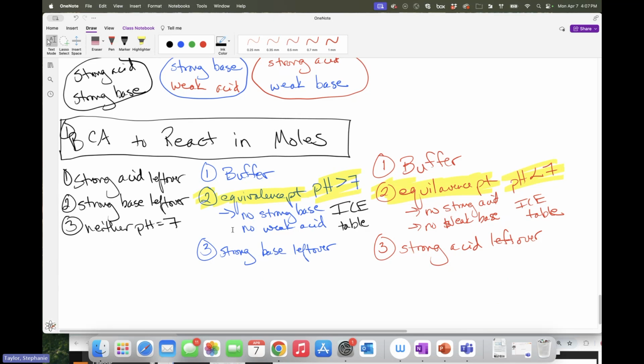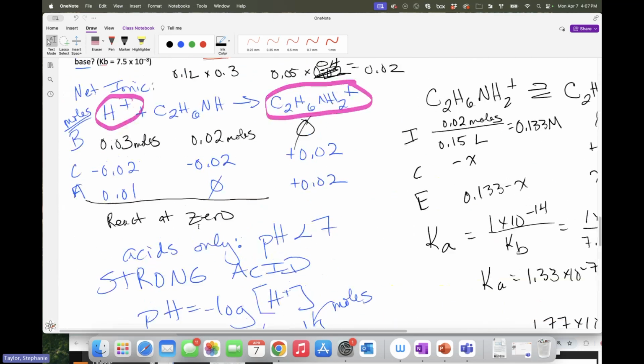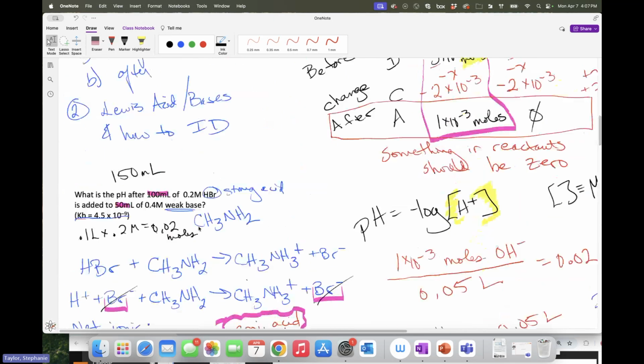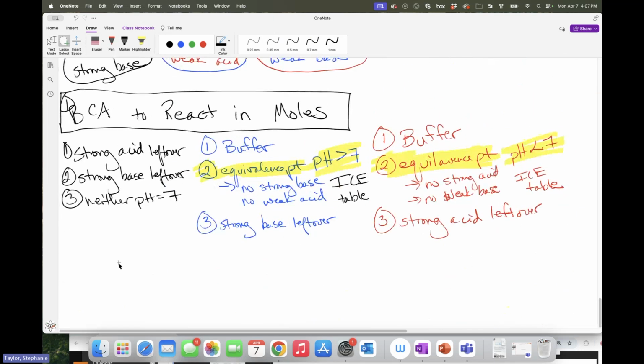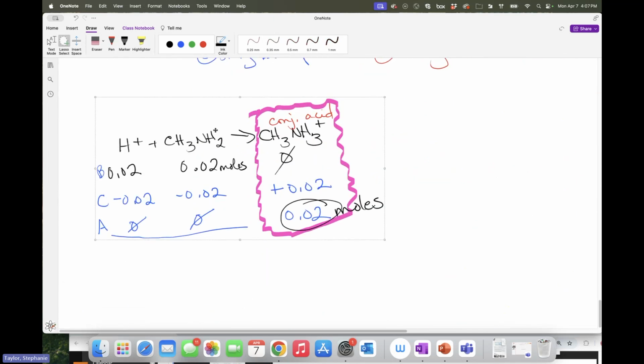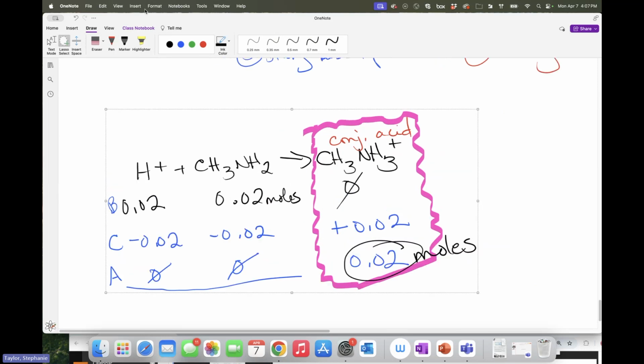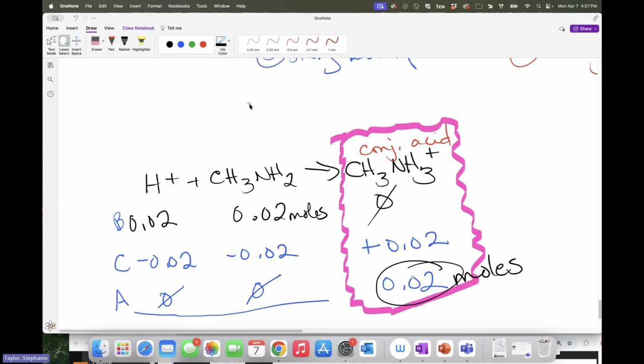I'm going to scroll back up to look at that question, because I want to point out one more thing, which is why I didn't use the Henderson-Hasselbalch equation.